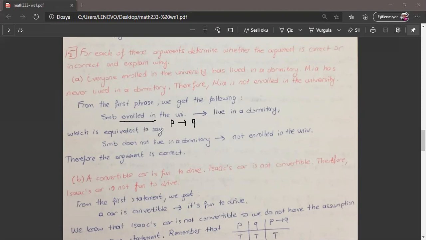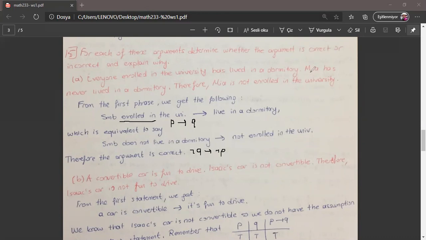So it is equivalent to say this, which is not Q implies not P, okay? In English, it means if somebody doesn't live in a dormitory, then he or she is not enrolled in the university.